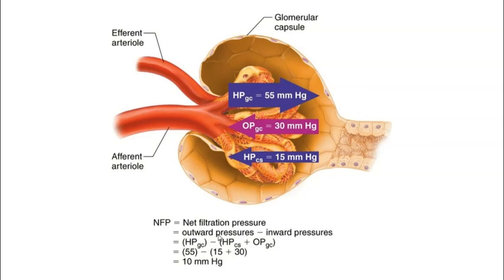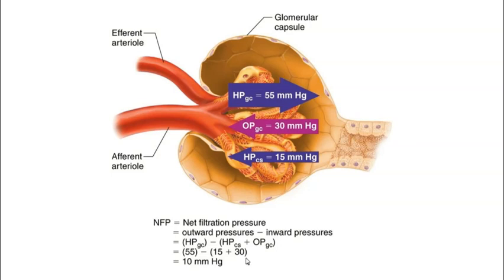So net filtration pressure is the outward pressure minus the inward pressures here, which means the outward pressure is our 55 millimeters of mercury. It's our hydrostatic pressure of the glomerular capillaries. And that's subtracted from the hydrostatic pressure in the capsular space, which is our 15 millimeters of mercury.